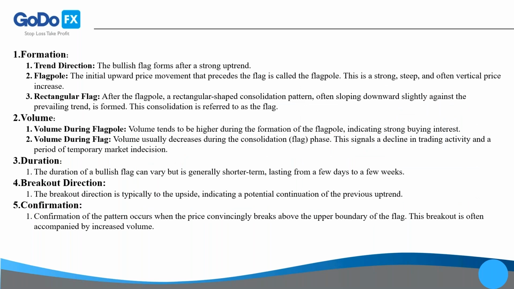The key characteristics: the bullish flag forms after a strong uptrend, and the initial upward price movement that precedes the flag is called the flagpole, a strong, steep, and often vertical price increase. After the flagpole, a rectangular-shaped consolidation pattern, often sloping downward slightly against the prevailing trend, is formed. This consolidation is referred to as a flag.